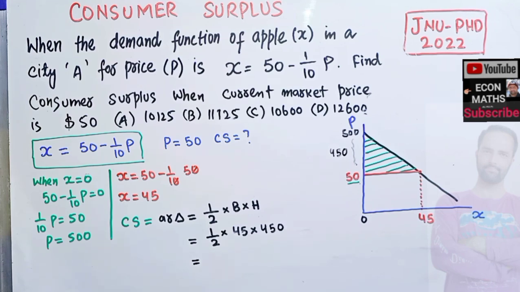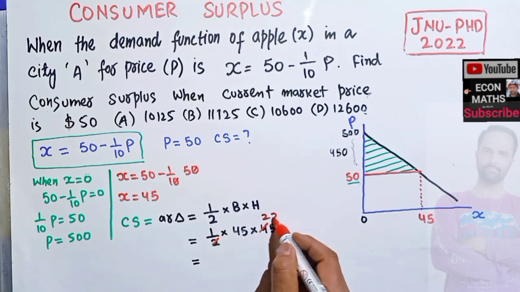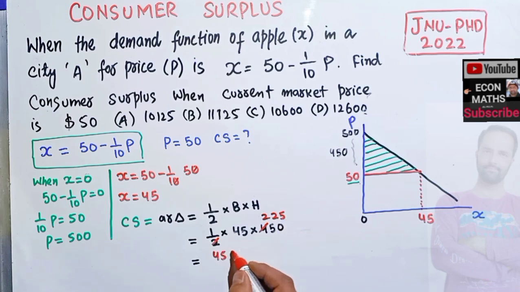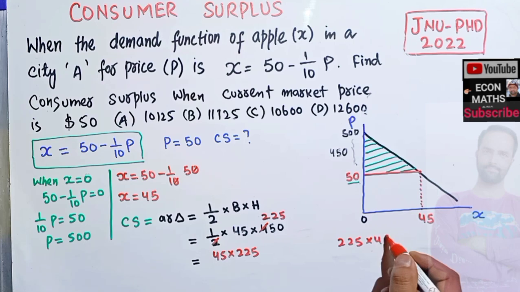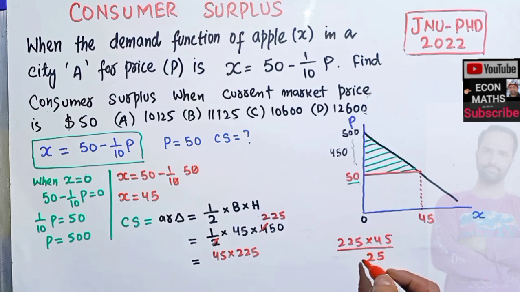Solving this will give us 45 into 225. So let's do this calculation: 225 into 45. 5 5s are 25, 5 2s are 10, and so on.